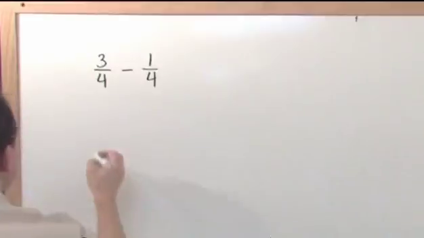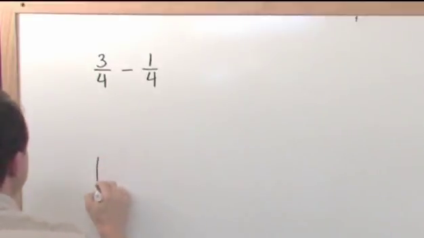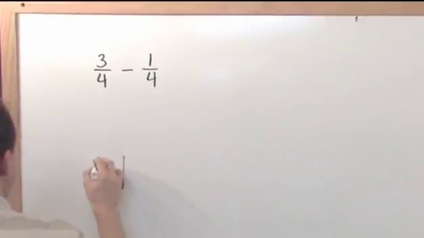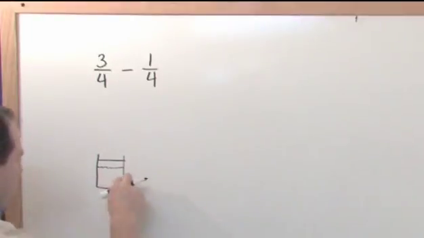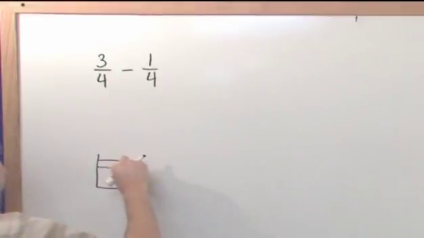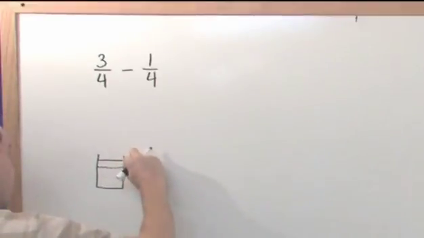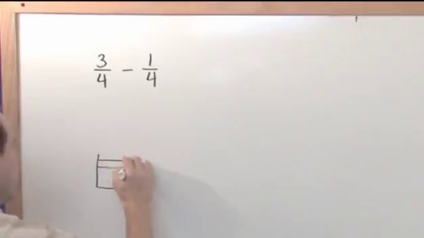So in pictures, if this is your cup of water, and this line right here is 1 cup, then 3/4 of a cup is going to be right here, roughly, because here's going to be 1/4 of the cup, and then here will be 2/4 of a cup, 3/4 of a cup, and then 4/4 is 1 whole cup, so that's 1 cup right here of water.